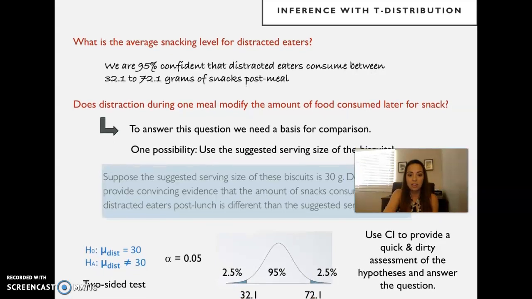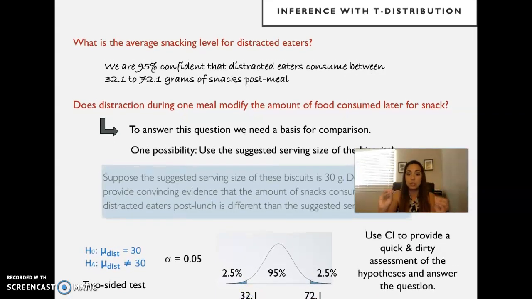The two-sided test goes with a 95% confidence interval, because if you have the boundaries here, you can assess whether the value that you are using for the null hypothesis falls in the rejection area or not. And it will fall in the rejection area if it's outside the confidence interval on either side.